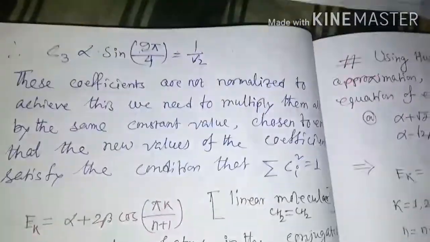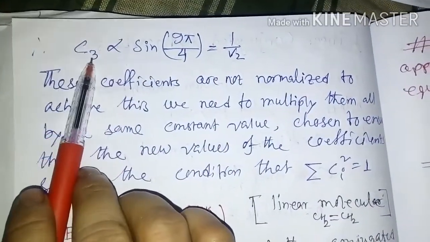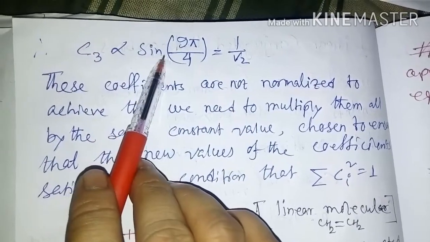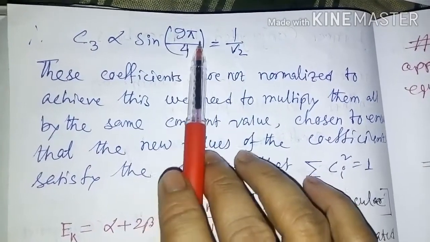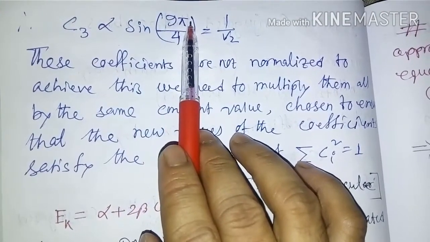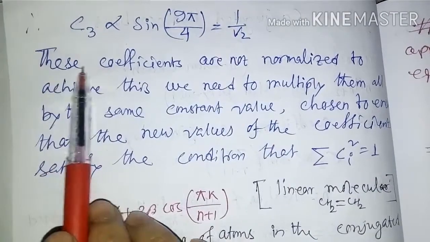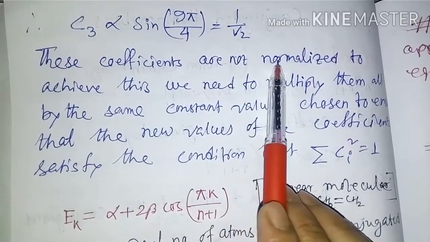Now the third one, C3, the alpha, this one. So you know this one is sine 9 pi by 4, equal to this, half. Okay, so these coefficients are not normalized.